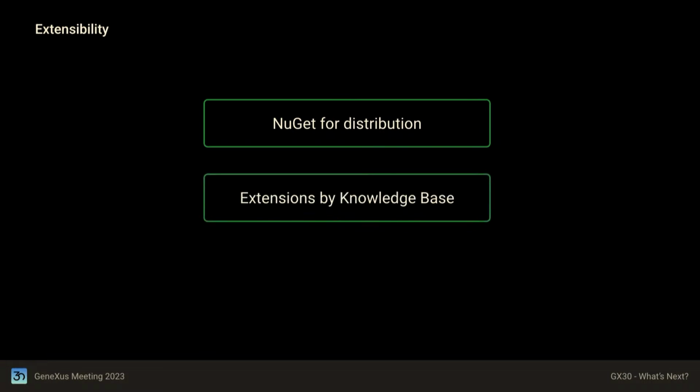Now, the second thing is that the extensions are going to be governed and managed by KB. This means that I'm going to have different GeneXuses, depending on each KB. I may have a KB that only has mobile, but not web, and the other way around.